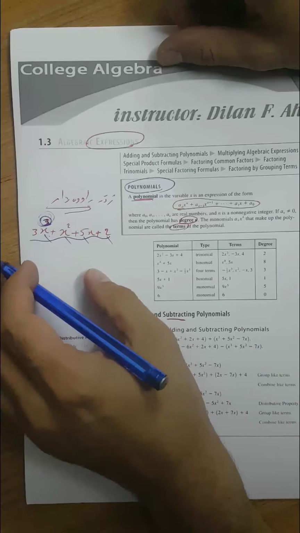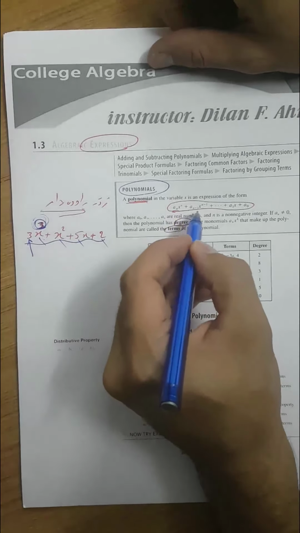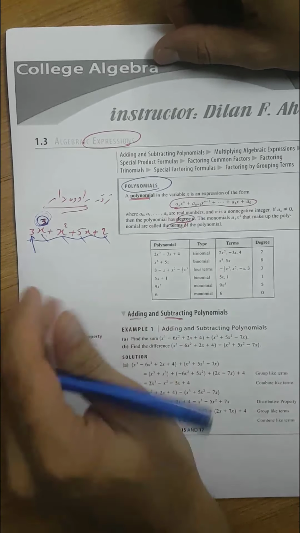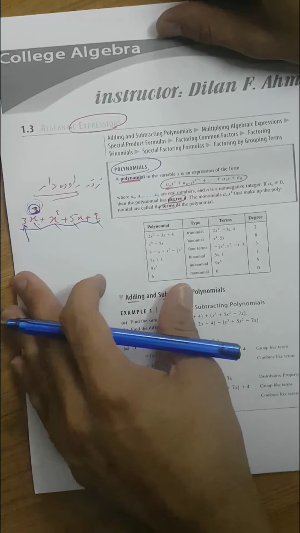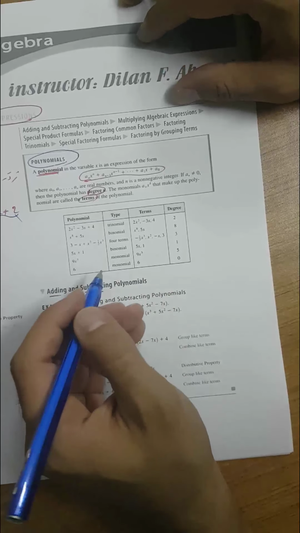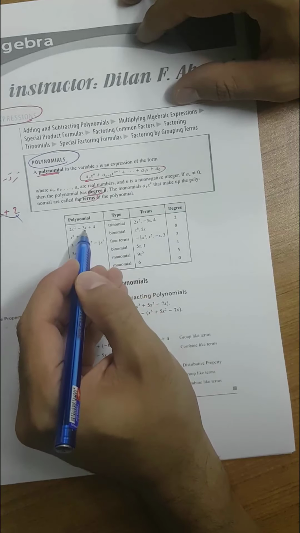We also call these numbers a, b, c, or a1, a2, an, coefficients. When we have something like that, we have a polynomial, and there are some special names. We have a trinomial.